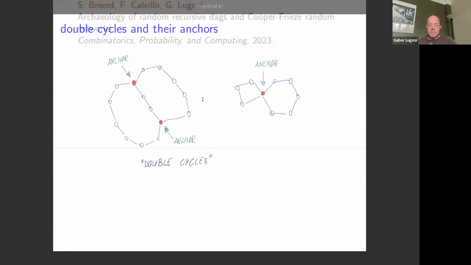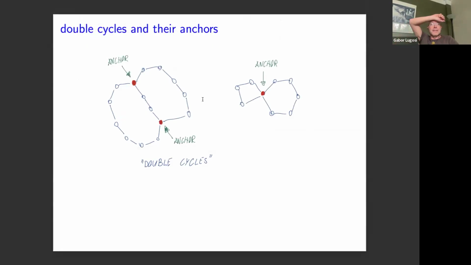So here the idea was about the root vertex. We know that the root vertex will have a higher degree, but degrees are not enough. But maybe we can look at small subgraphs around the root. For example, we expect that the root vertex will participate in more triangles than late-coming vertices.